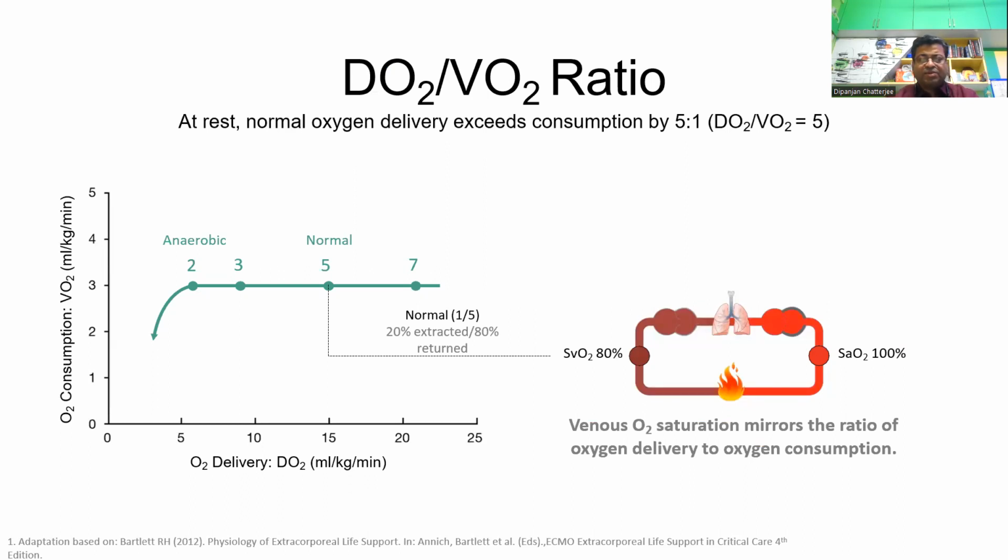But once the delivery comes down to less than twice that of our requirement in the tissues, then tissue oxygenation is hampered as anaerobic metabolism starts to take place.